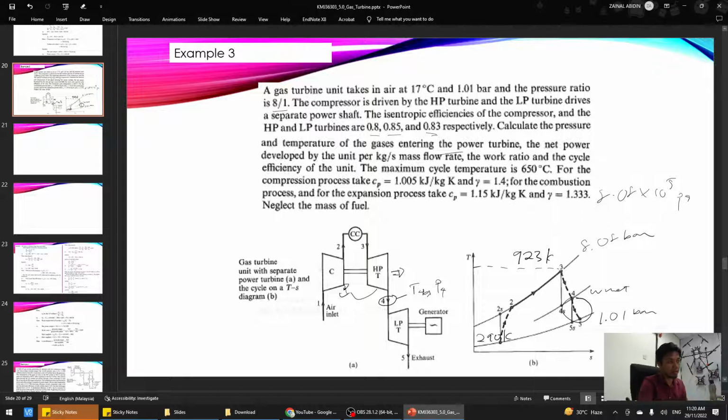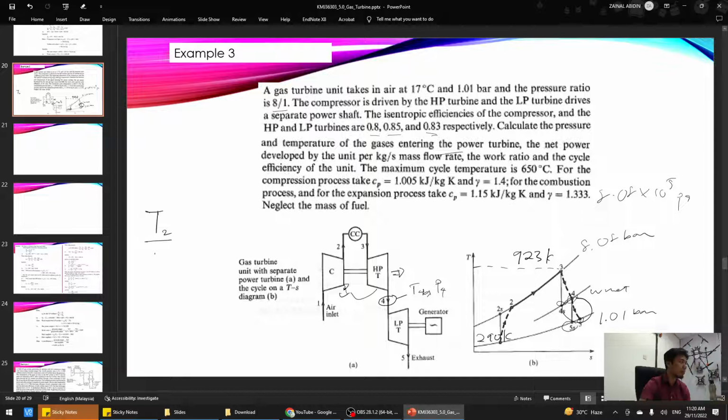But dia tak bagi kita temperature dekat 4S, 5S. Of course 4A pun dia tak bagi, 5A pun dia tak bagi. So how to find? Macam mana nak cari dia? Macam ini. Cara dia ialah, of course, from the first step, you kena selesaikan di sini dulu. You kena cari T2A dulu. Okay, macam mana nak cari T2A? Remember the formula?